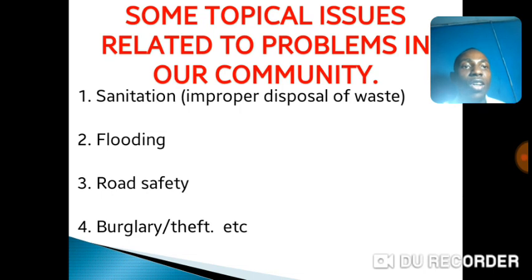Burglary or theft. Let's go over it again. Sanitation or improper disposal of waste. Flooding, road safety, burglary or theft.